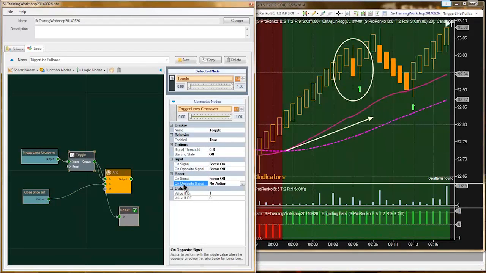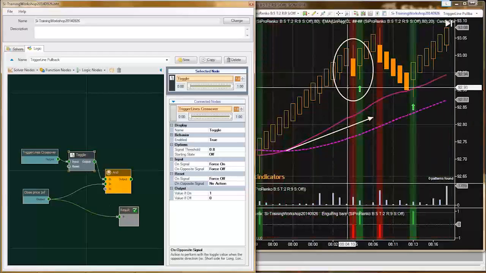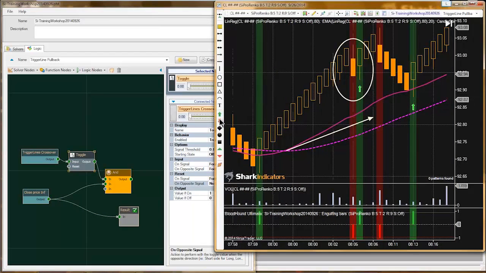So we actually don't want to use this on opposite signal to reset the state, because of this short bar down. This short bar down would reset the toggle node too soon.